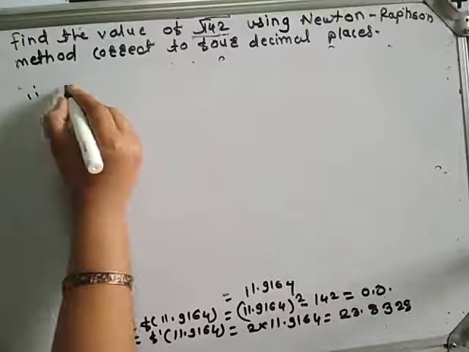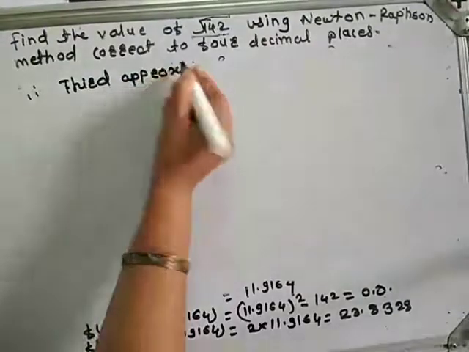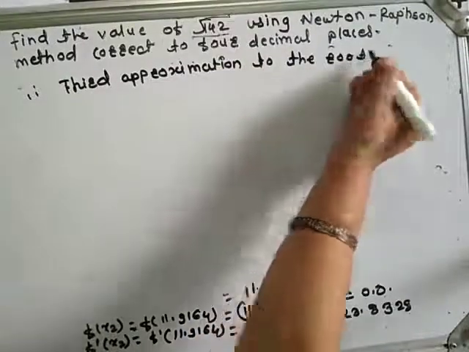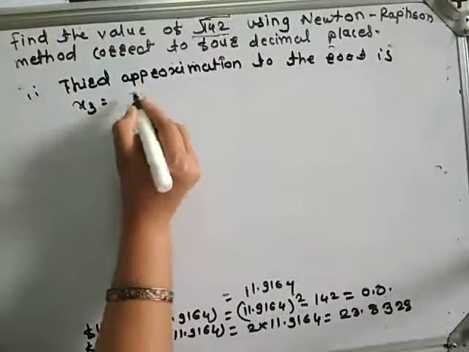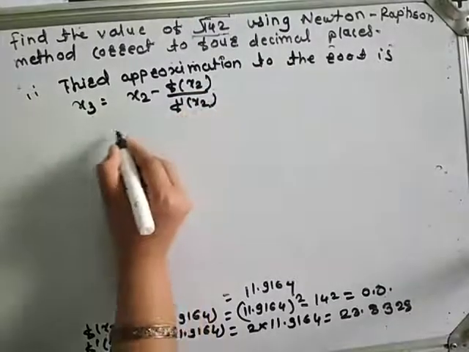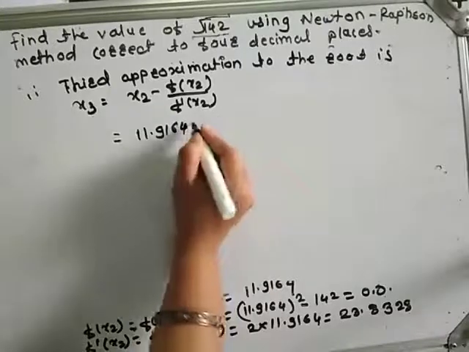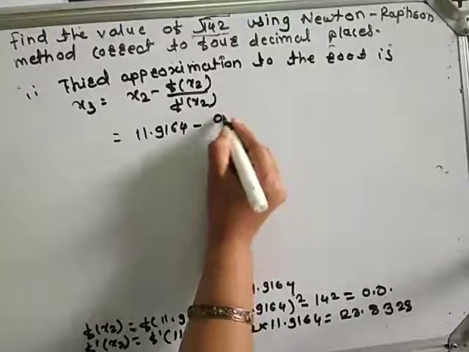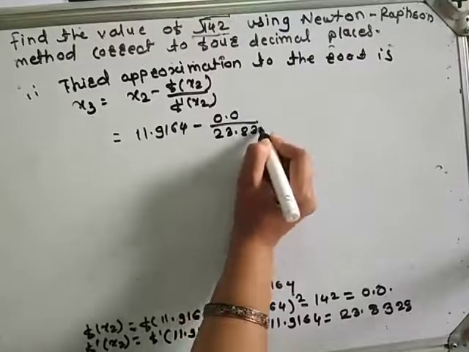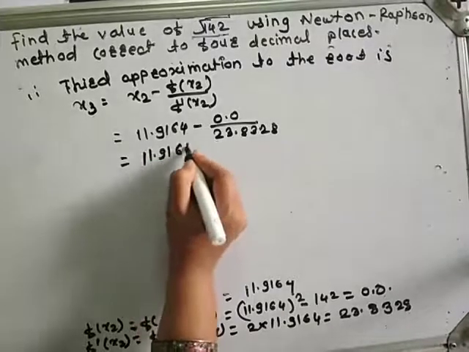Therefore, the third approximation to the root is x3 is equal to x2 minus f of x2 upon f dash of x2, which is equal to, here x2 is 11.9164 minus f of x2, which is 0.0, upon f dash of x2, which is 23.8328, which is equal to 11.9164.